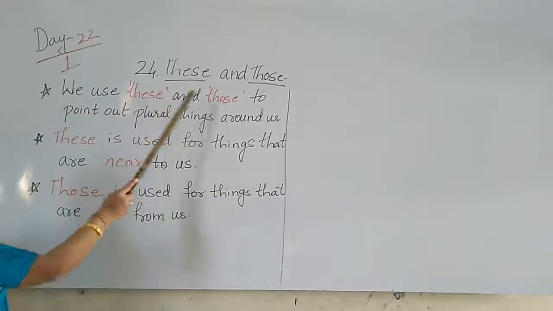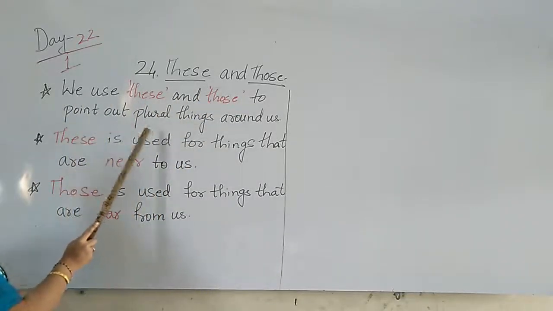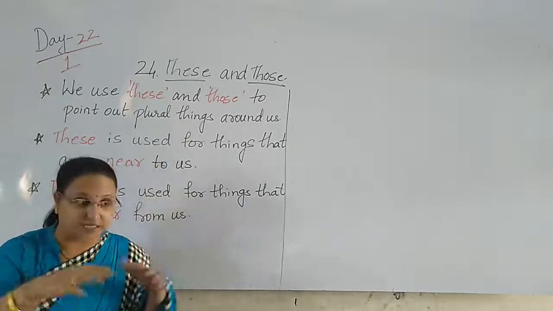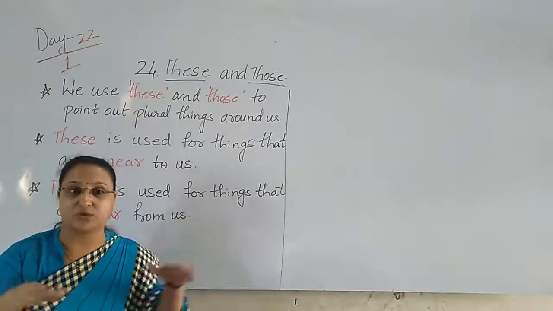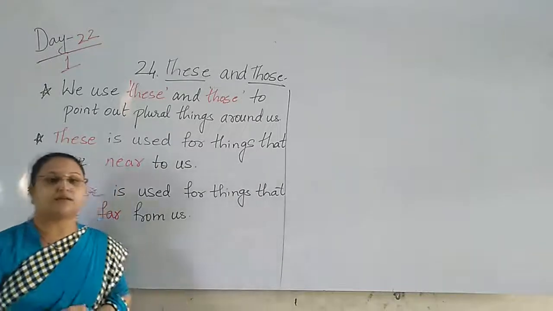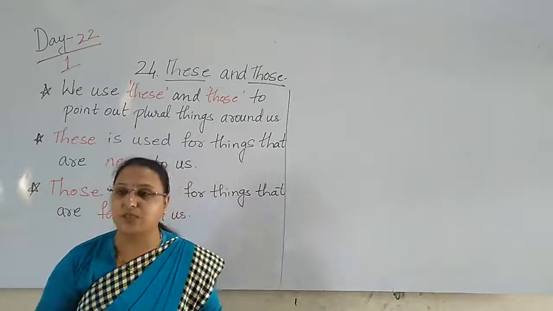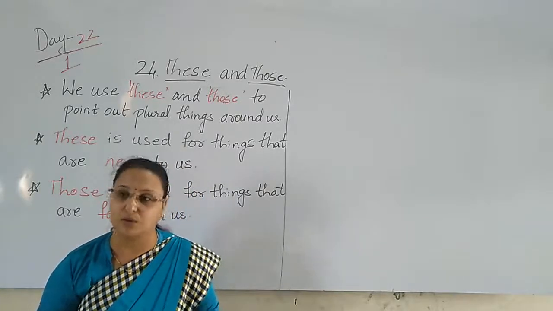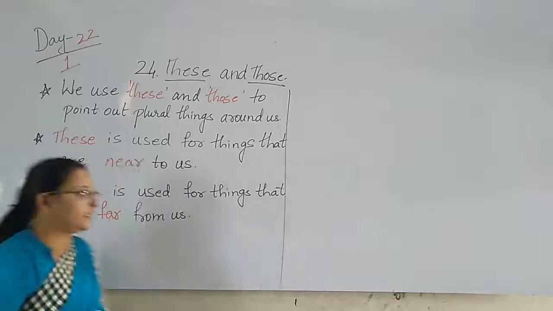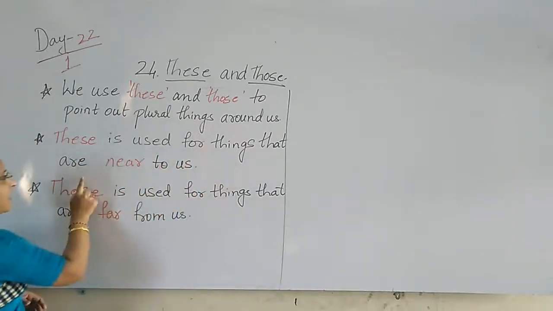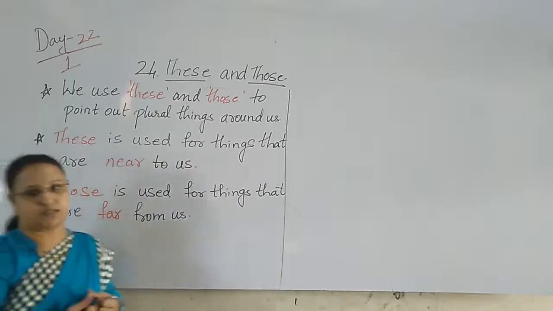we use these and those to point out plural things around us. Whatever the thing we find around us. Then, when the thing is more than one, we use these or those. Yes? But here, these is used for things that are near to us.